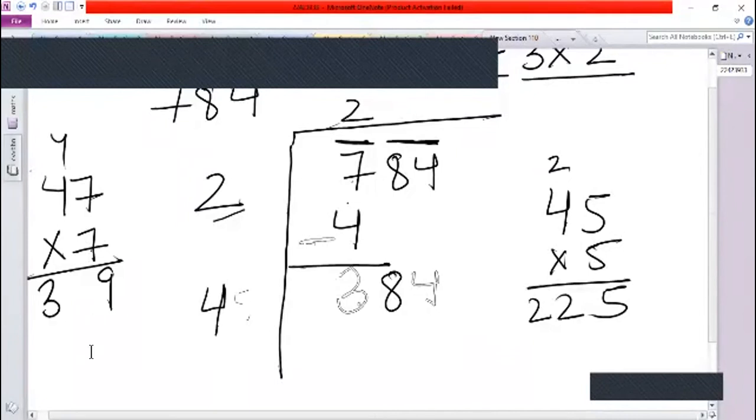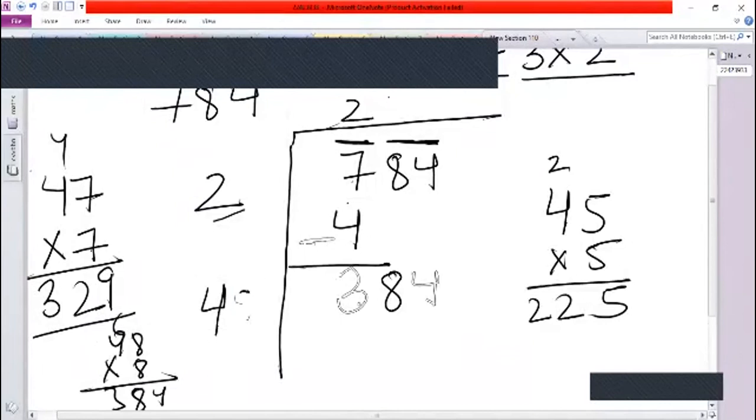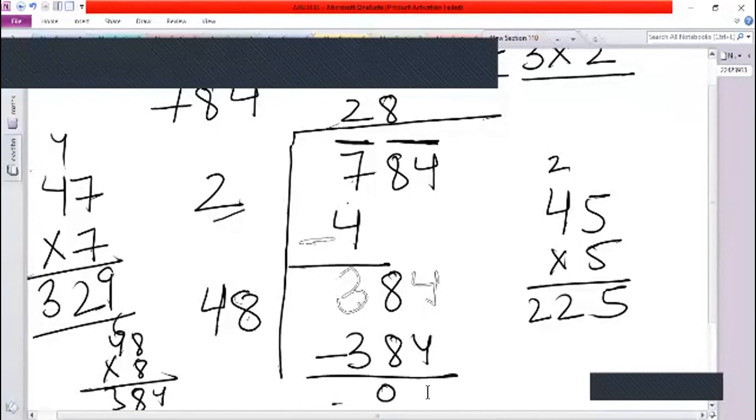Again, it's small. That means we can try 48 into 8. 8 eights are 64. 4 eights are 32, 32 plus 6, 38. So we got the answer at 48. That means 384 minus 384 gives you the remainder 0. So what is your answer?